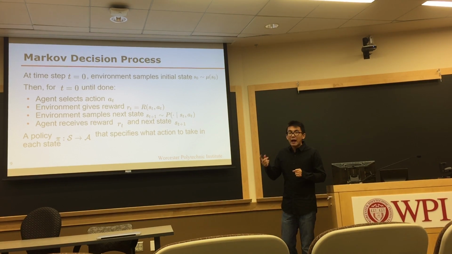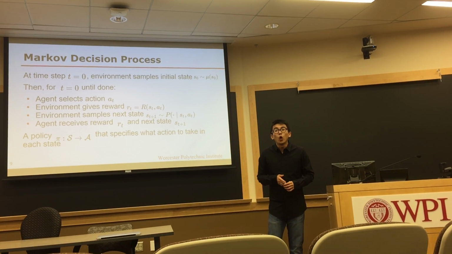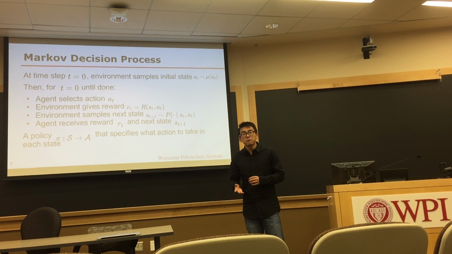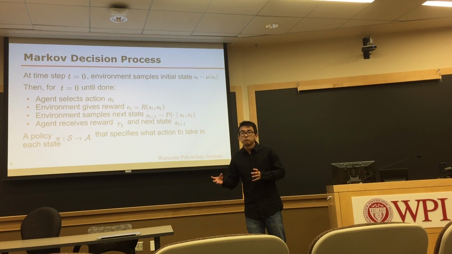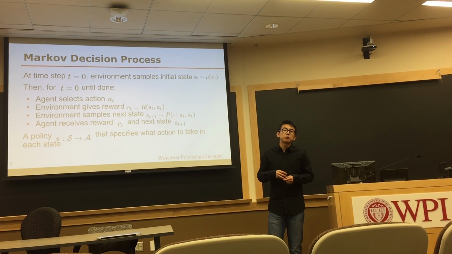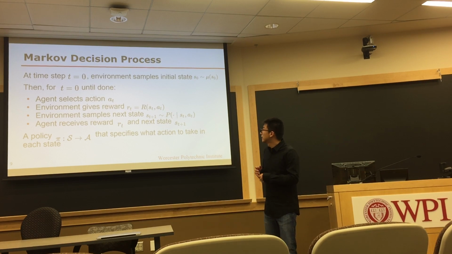And the reward is based on the current state and the current action you've taken. For example, if you have reached the goal, you get a reward of 1. If you haven't reached the goal, you get a 0. If you hit the obstacle, you probably get a negative reward.